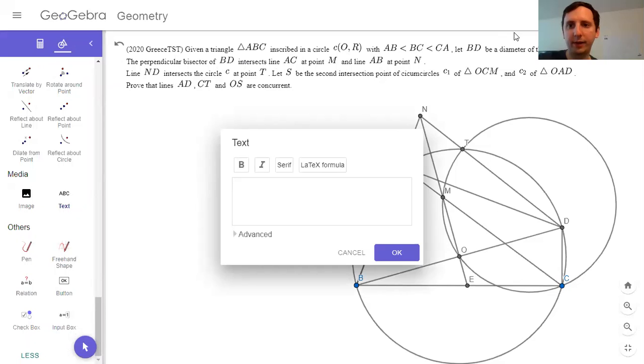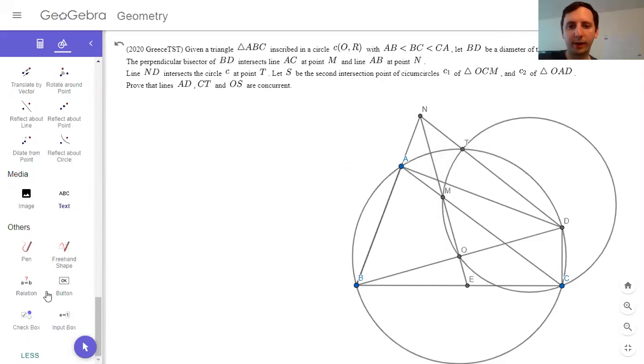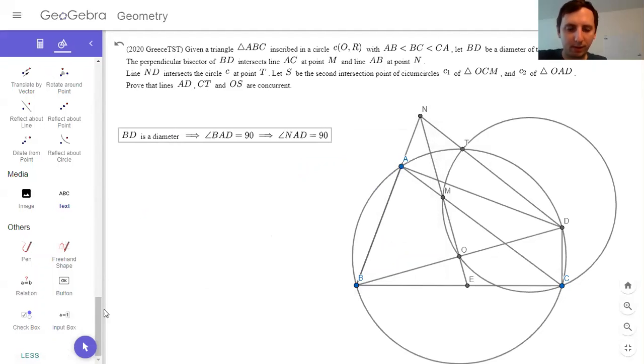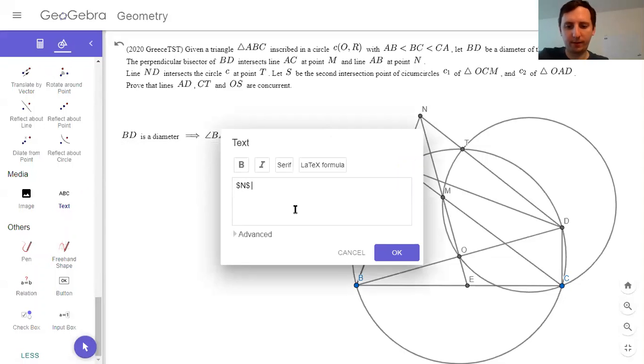So yeah, it even says BD is a diameter. So BD is a diameter. And so also N lies on the perpendicular bisector of BC.